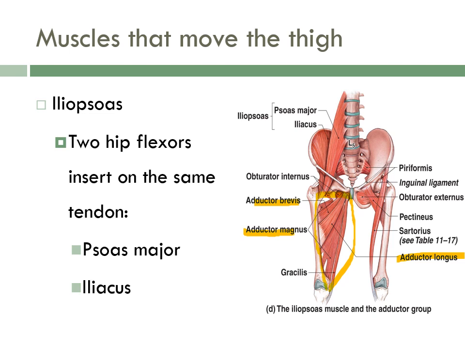The iliopsoas is a hip flexor. It's made up of two muscles, the psoas major and the iliacus. The psoas major attaches to the anterior surface of the spine, and the iliacus originates on the inside of the iliac fossa.